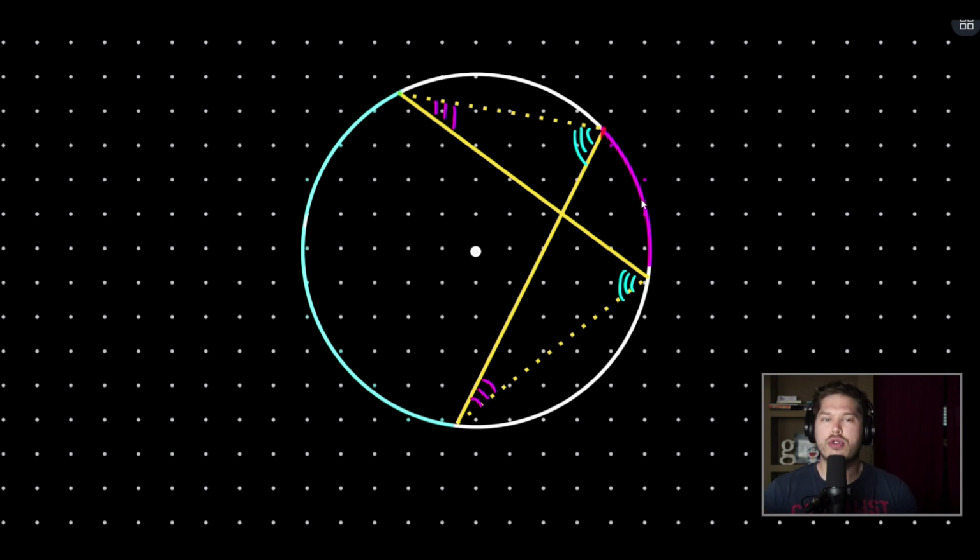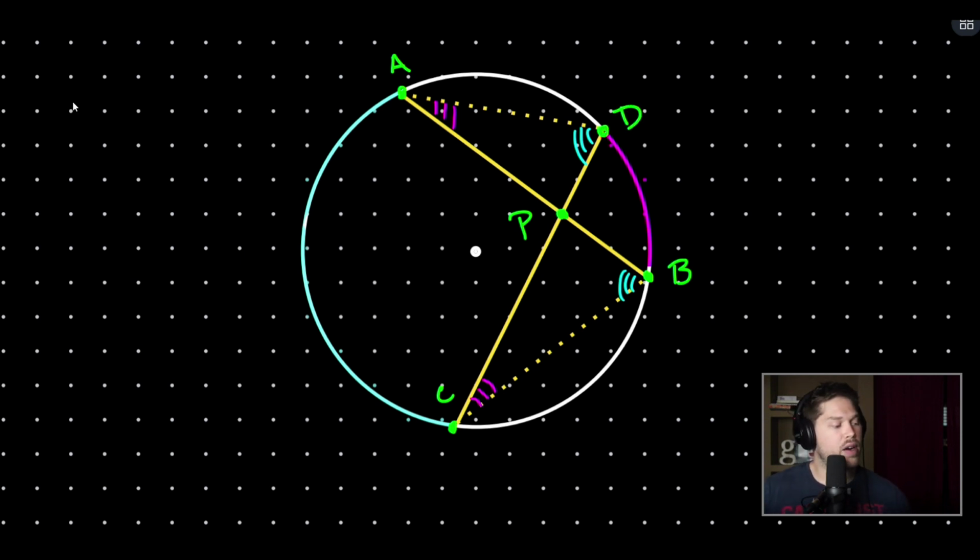And what does it mean for 2 triangles to be similar? Well, recall that if 2 triangles are similar, it means that their side lengths are proportional. Therefore, let's call this point P. Let's have a point A and a point B on the same chord, and a point C and a point D on the same chord.